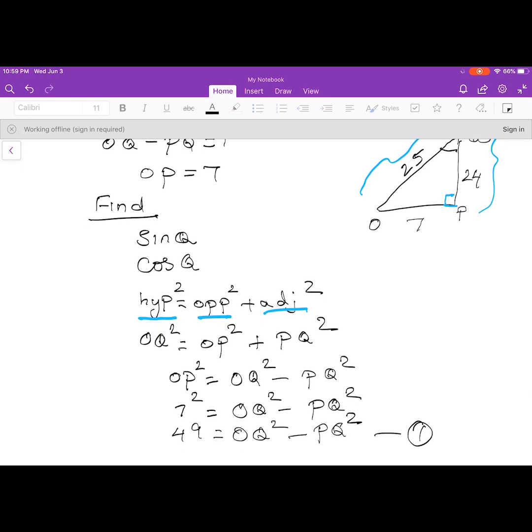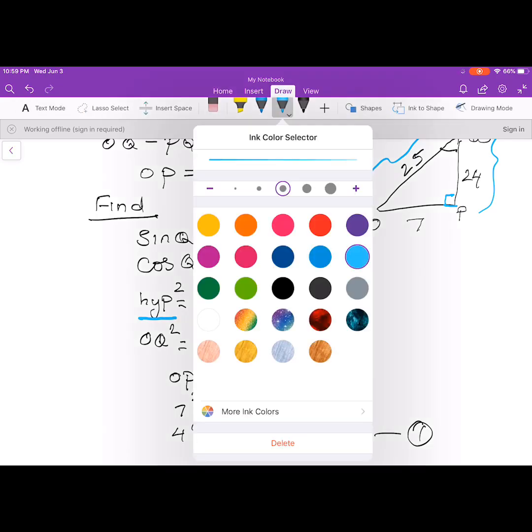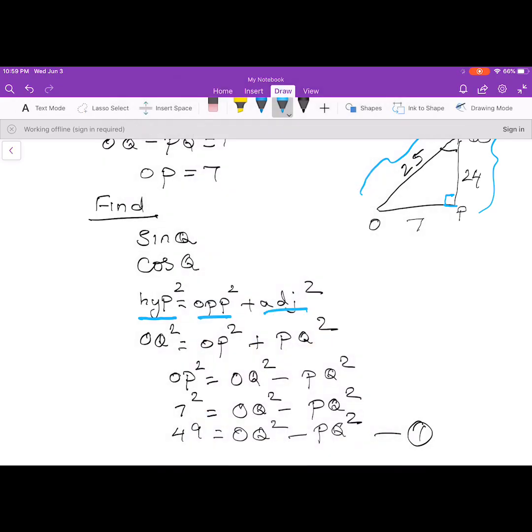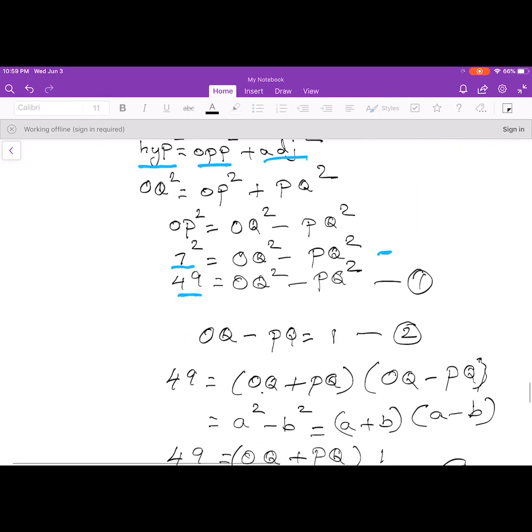I know the value of OP, so I am taking OP to one side and the other values to the other side. OP square equal to OQ square minus PQ square. 7 square is nothing but 49, equal to OQ square minus PQ square.